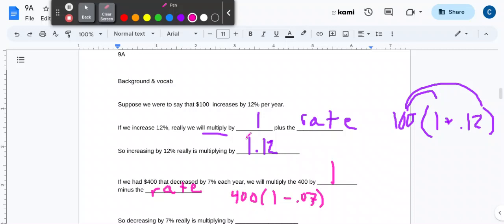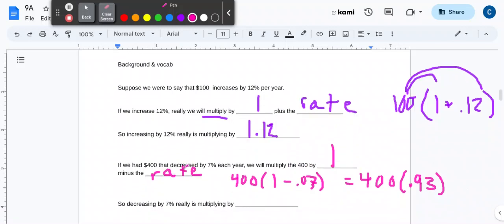So we're really multiplying 400 times 0.93. Another way to think of that is if we're decreasing by 7%, we're multiplying by 93%, because subtracting 7 from 100 gives 93. So decreasing by 7%, we're really multiplying by 0.93.